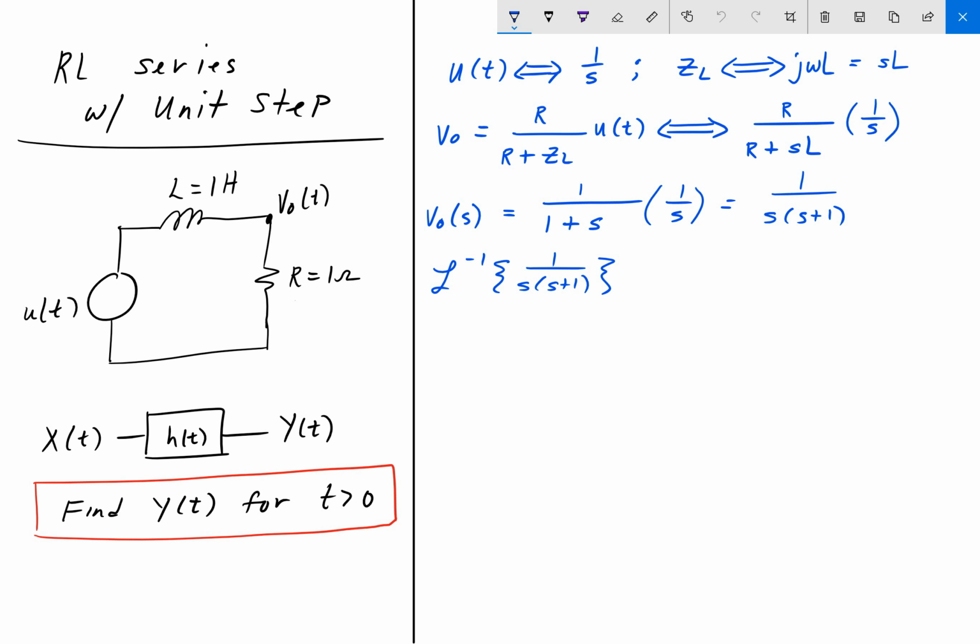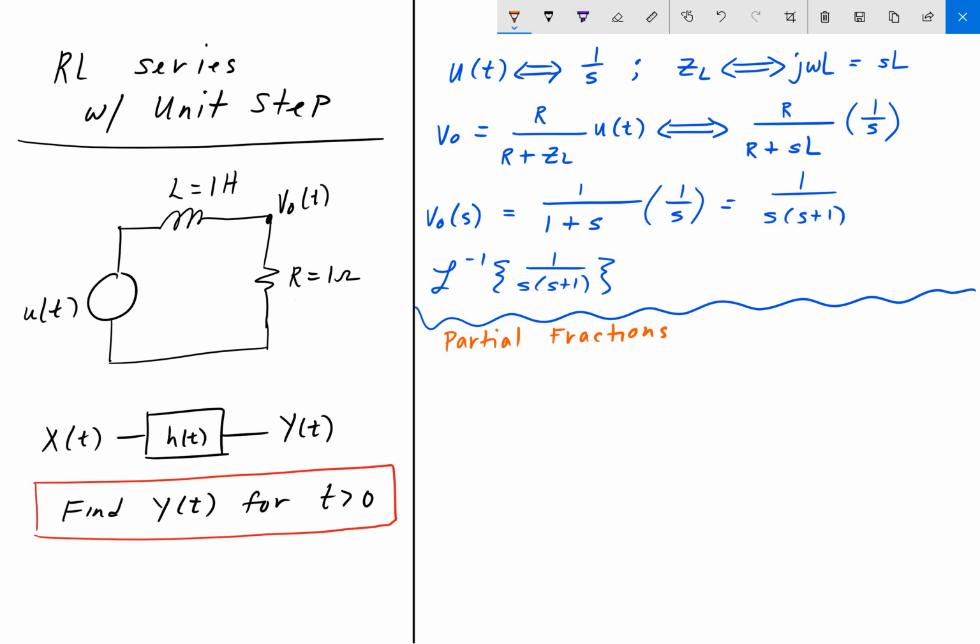As a little side note, we have to do partial fractions so that we can break up this fraction into simpler fractions that hopefully have easy Laplace transforms that we can just look up in the table.